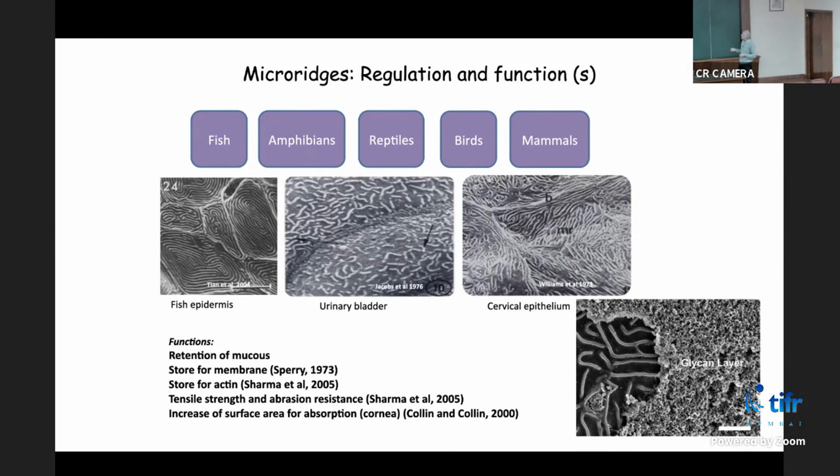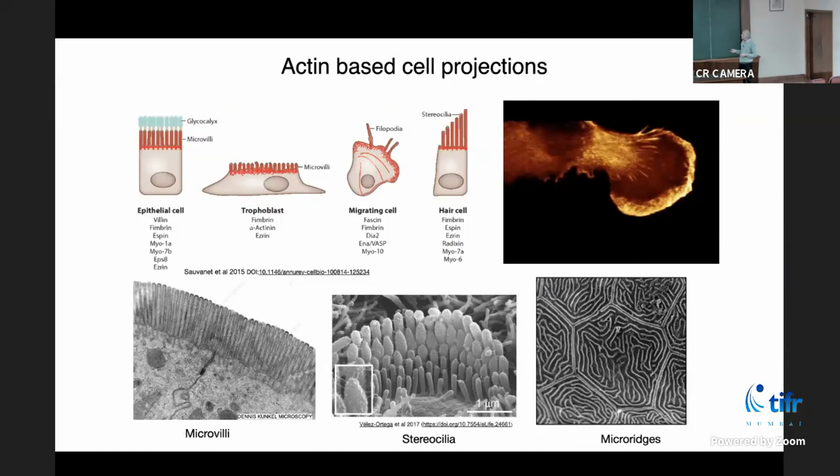So as I said, largely understudied, and so we had that as motivation, why and how these long structures form. But there was another big motivation, and that's how the ridges become long. The other actin projections that people have been studying are microvilli or stereocilia, which grow finger-like, right?